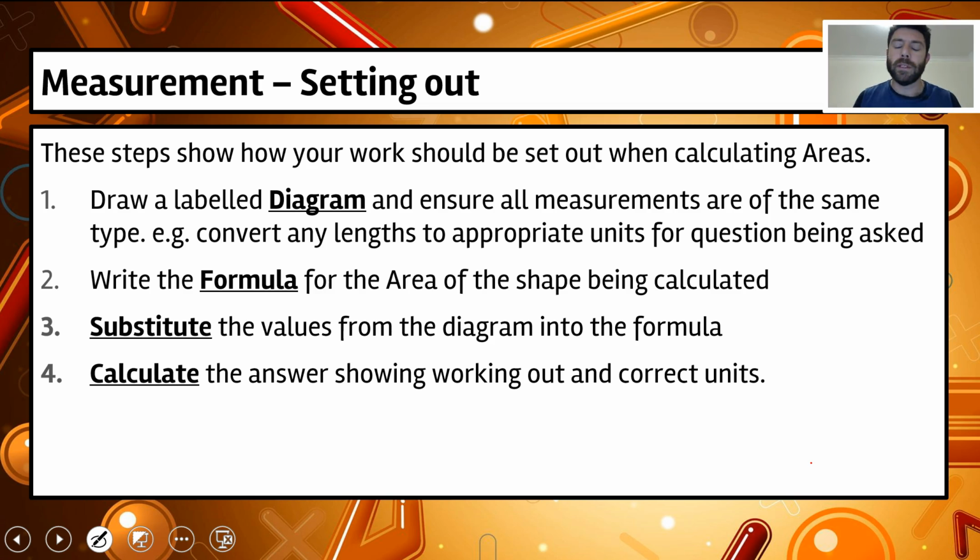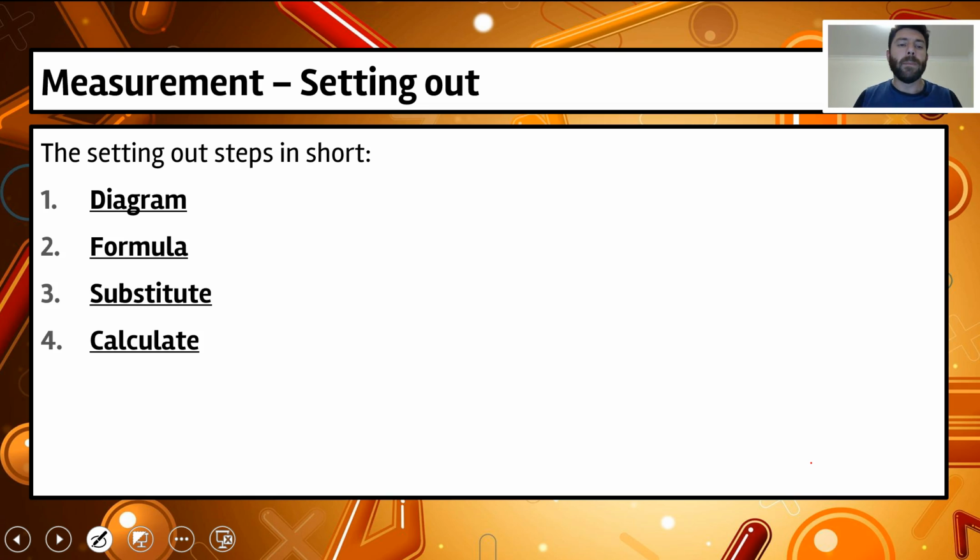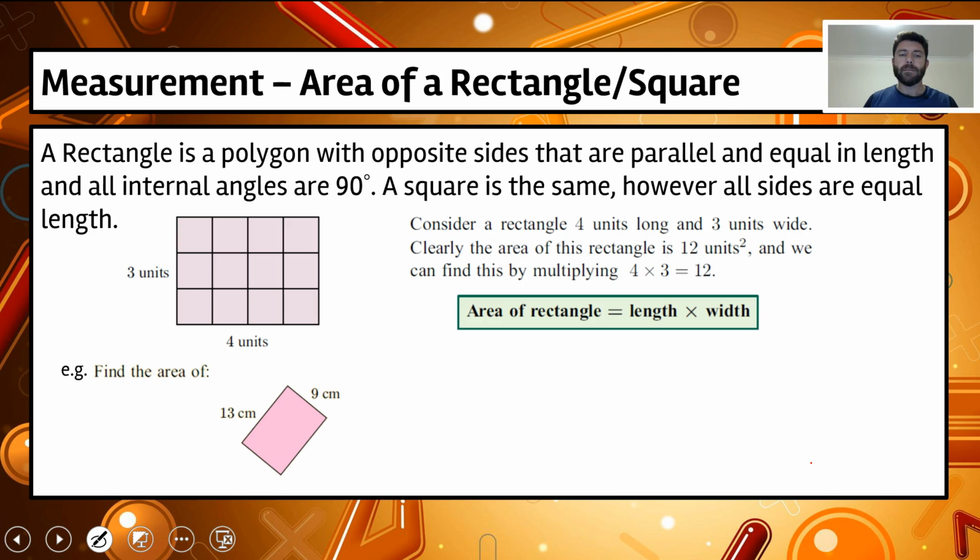I'll show you those examples in a couple of slides time. But in short, we're going to call it diagram, formula, substitute, calculate. Really simple, really easy to remember, and hopefully it'll make understanding what we're doing a lot easier.